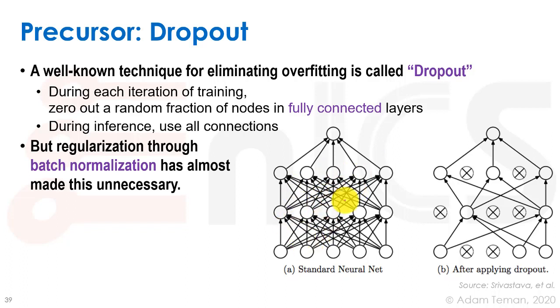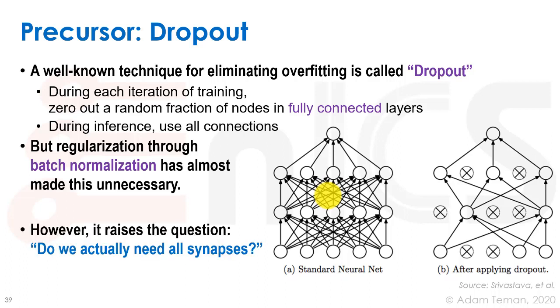We keep doing this over and over again, and it helps eliminate overfitting of the data. However, this is just done during training, and when we deploy our model, we use all of the connections that were learned. This is, again, for overfitting and regularization, but batch normalization has almost made this unnecessary, so it's not popular anymore.